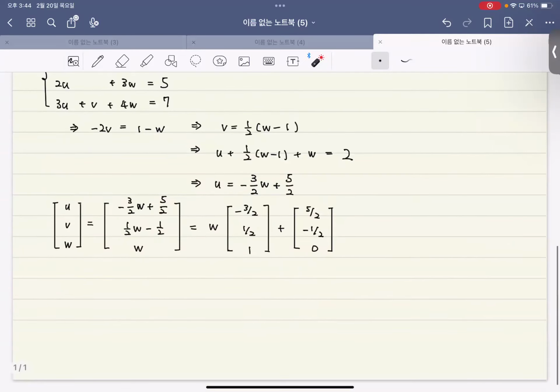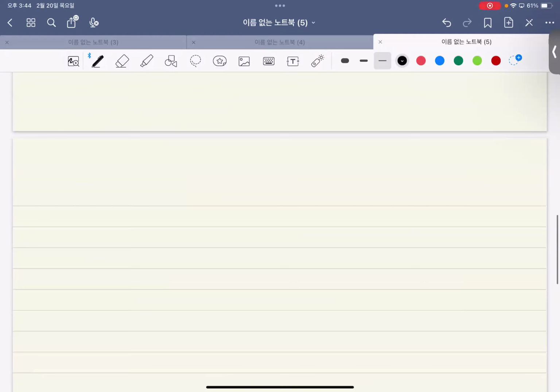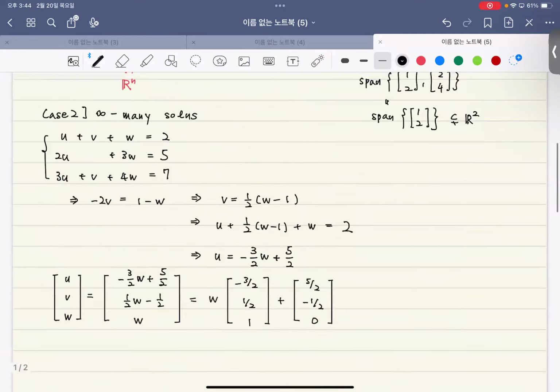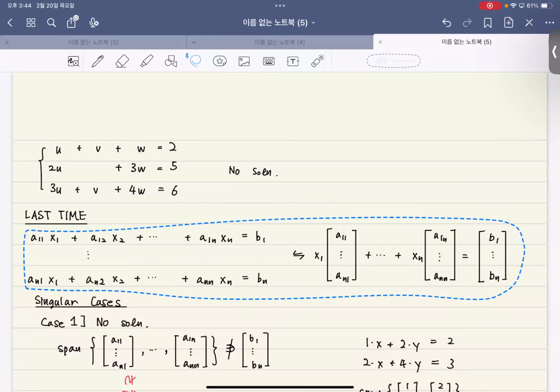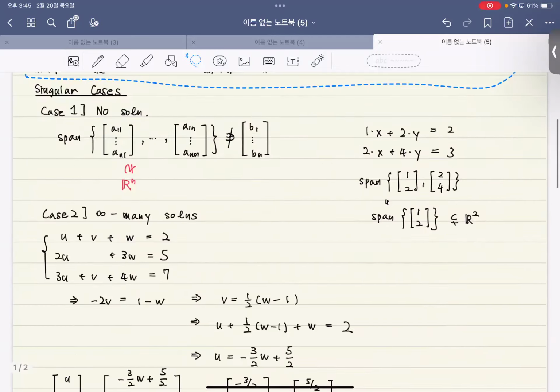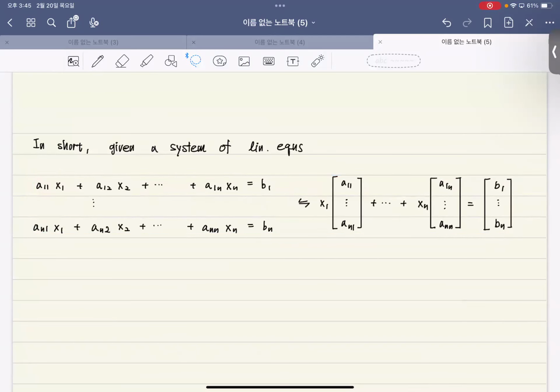Right. So let me summarize this. Given a system of linear equations, I can classify the problem into three different scenarios.